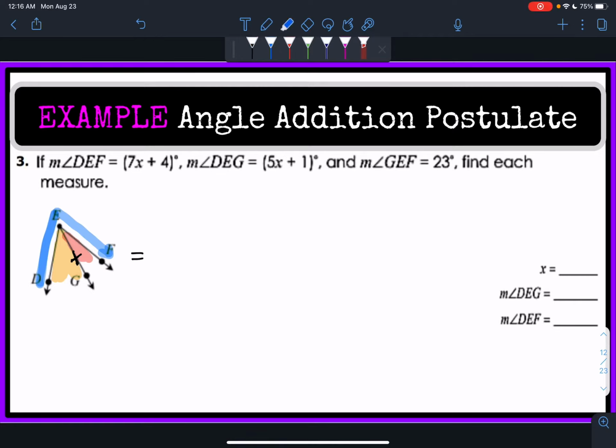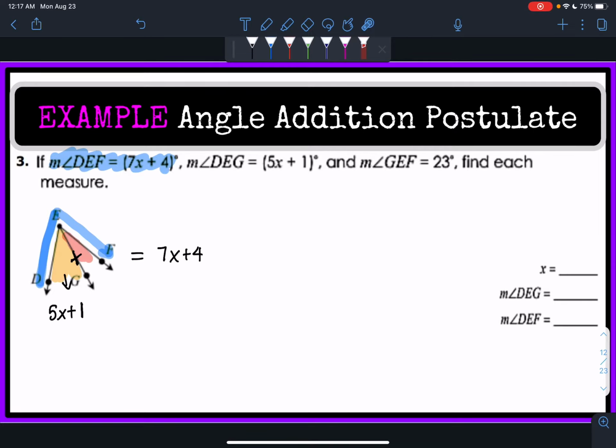Well, the blue angle, which is D, E to F, that's equal to 7x plus 4. So adding the orange and the red should equal 7x plus 4. Well, let's see what the orange is. The orange is from point D, E to G, which is 5x plus 1, I'm sorry.